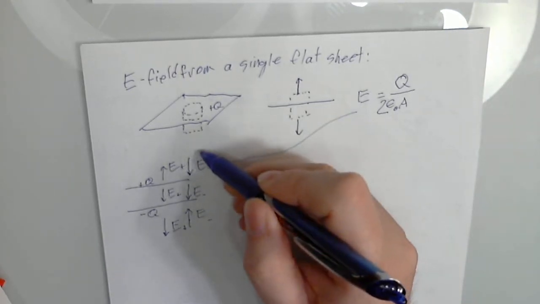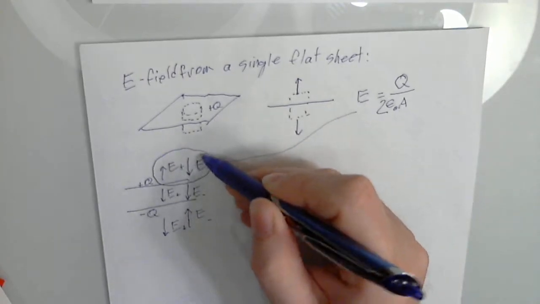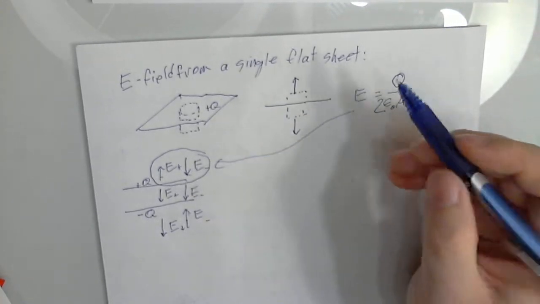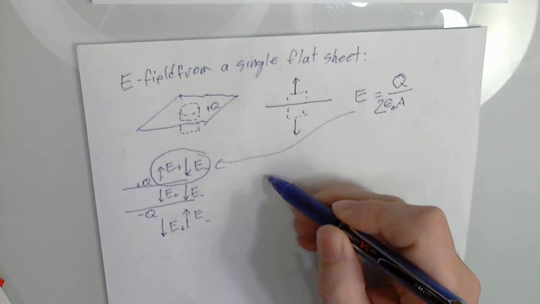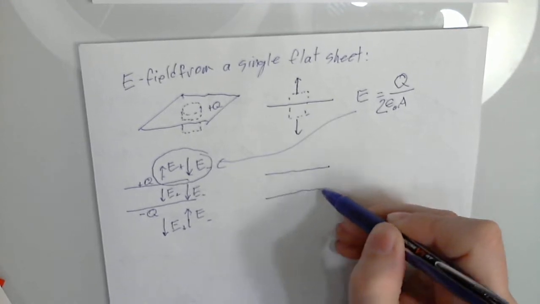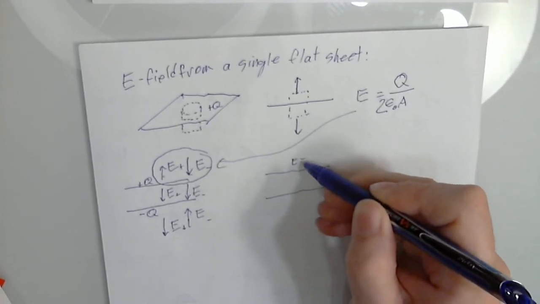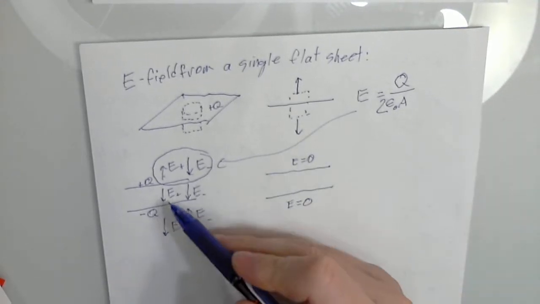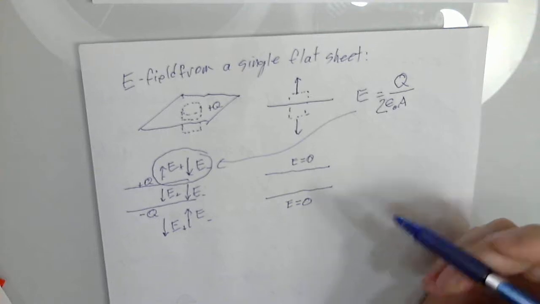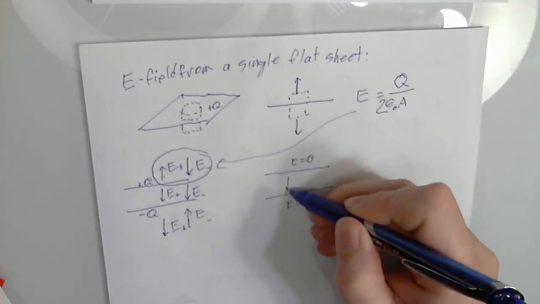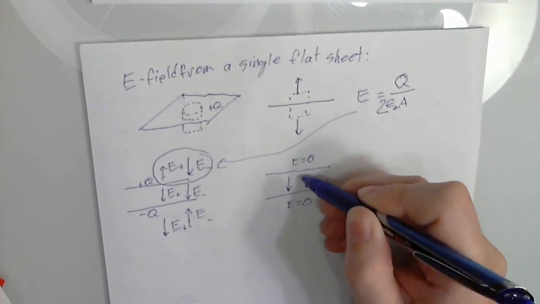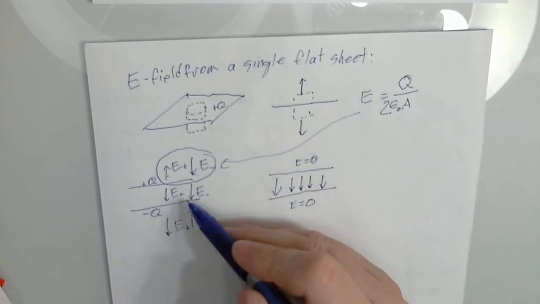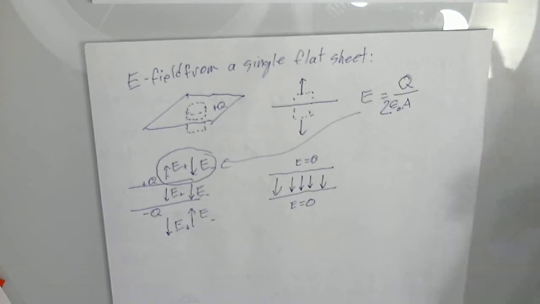All right. So hopefully you can see that above both plates, the electric fields cancel out, and we get zero field there. All right, and the same goes when we're below both plates. All right, but in between, they add together and give an electric field downward that's twice as strong as the field from a single sheet.